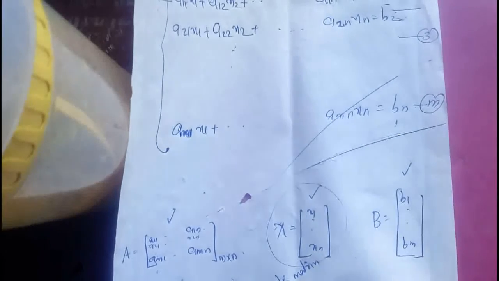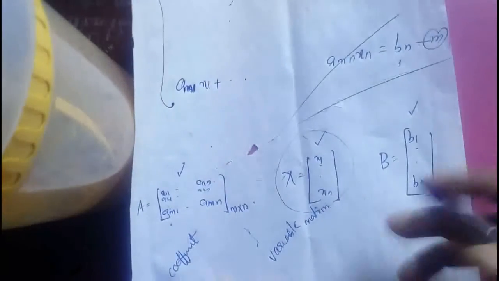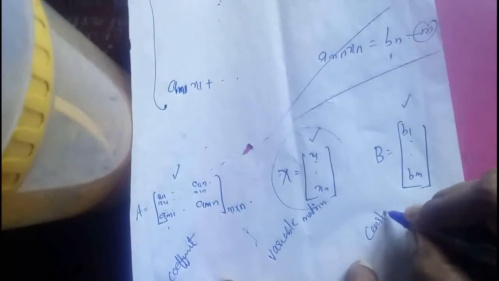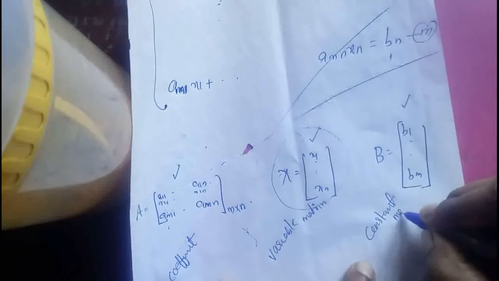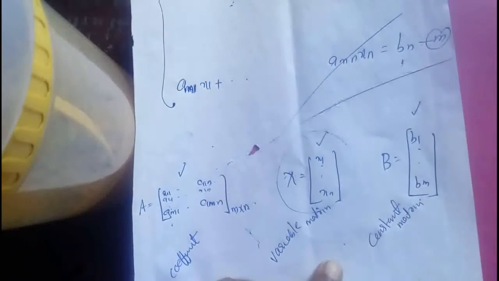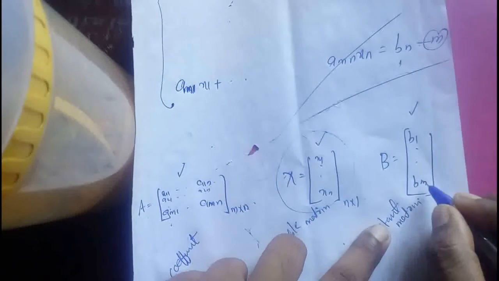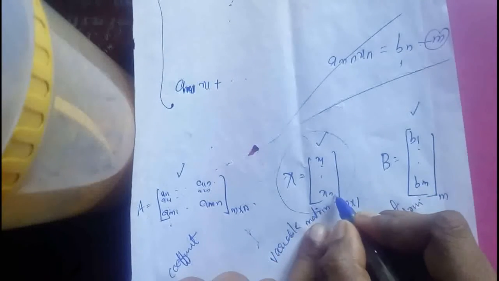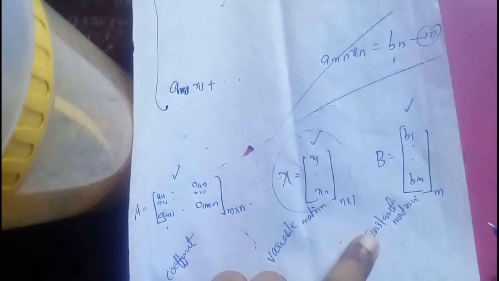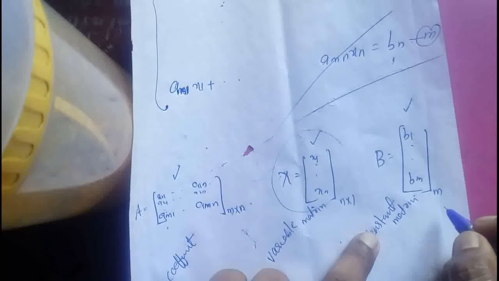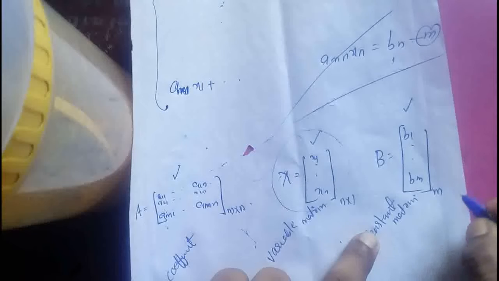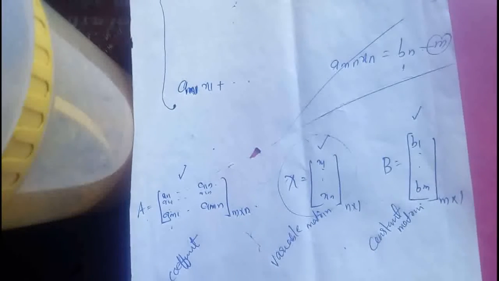This is called the constant matrix. This matrix has m rows and one column.